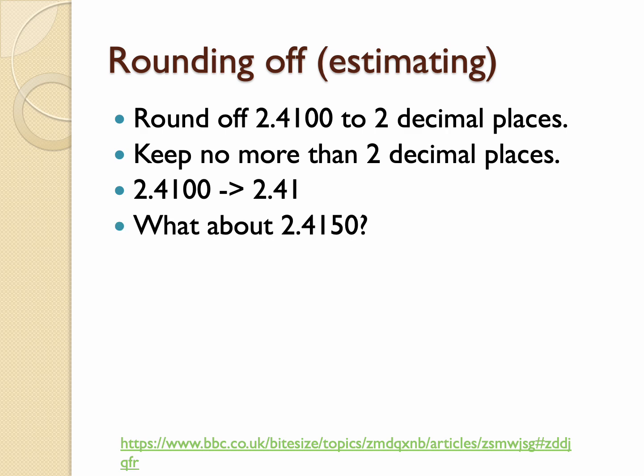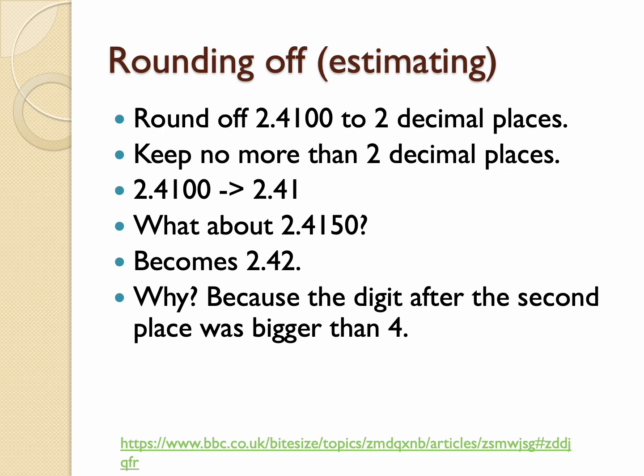Now how about 2.4150? Now you may guess that after rounding off it will become 2.41 because we are only keeping to 2 decimal places. But that's not the case. Instead, it becomes 2.42. But why not 2.41? The reason is that the digit after the second decimal place, which is 1, is 5.